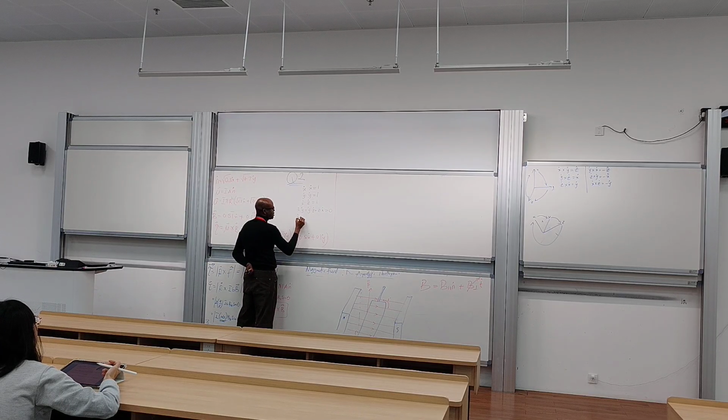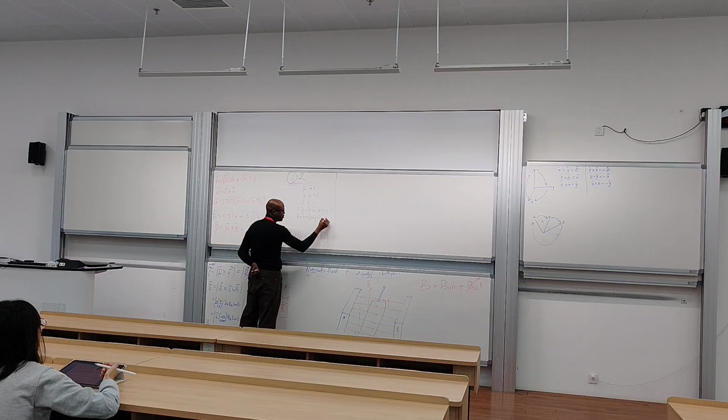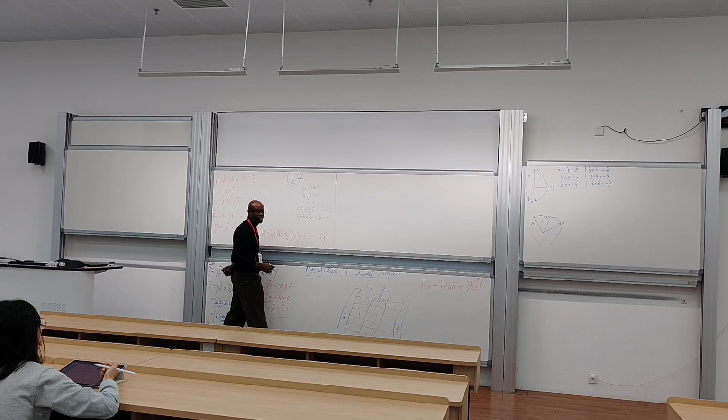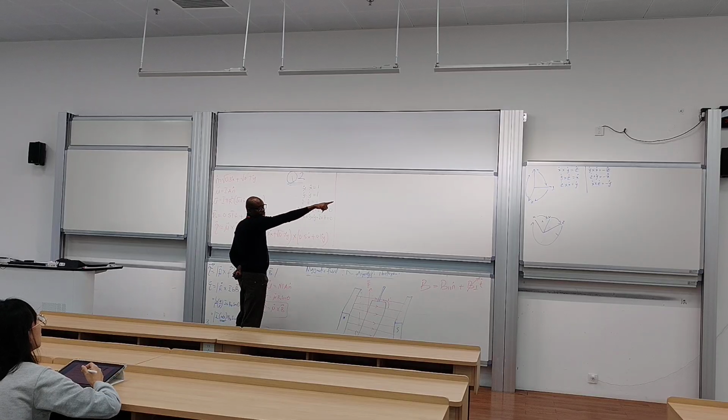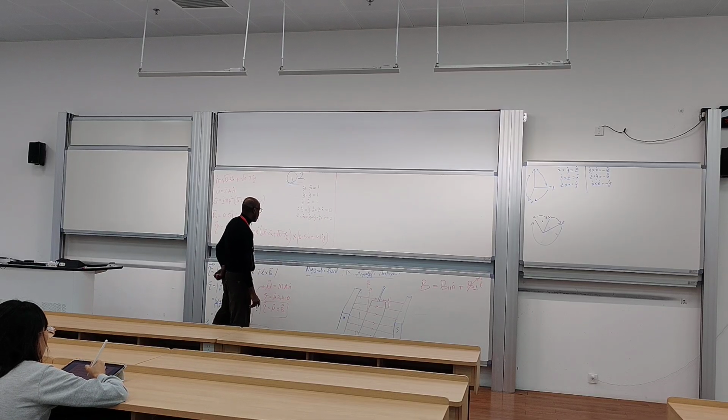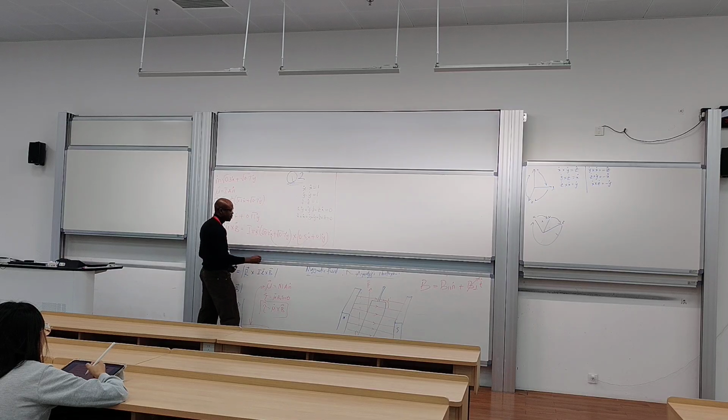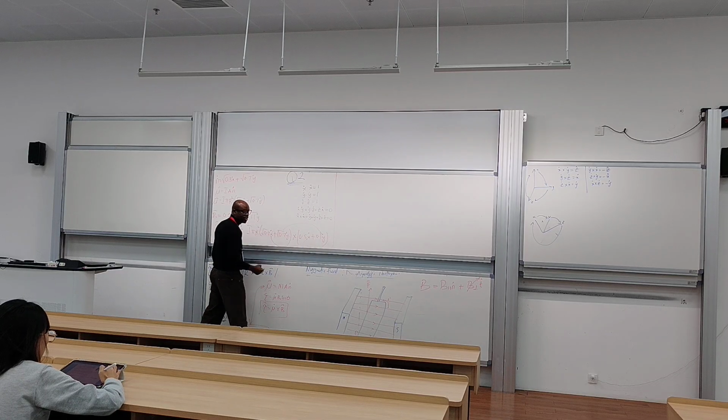Again, x cross x is equal to 0, y cross y equals 0, z cross itself equals 0. But if you say x cross y, none of them, then you use that notation. Here it means that this cross this will be 0, this cross this will be 0.